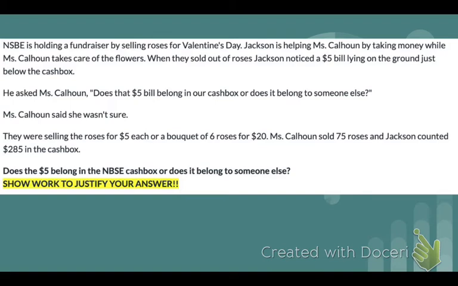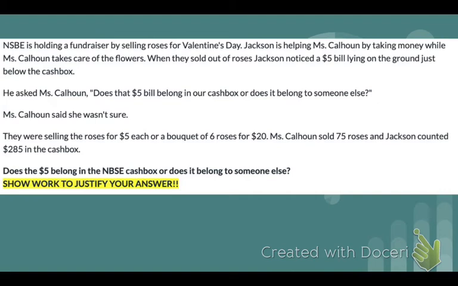This is a problem that's similar to what we've been looking at, but it's got a few more tricks to it. So it says NSBE is holding a fundraiser, and they're selling roses for Valentine's Day.